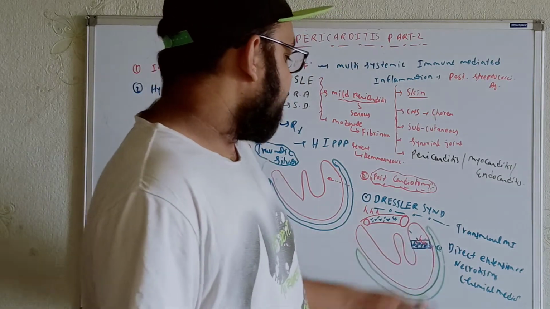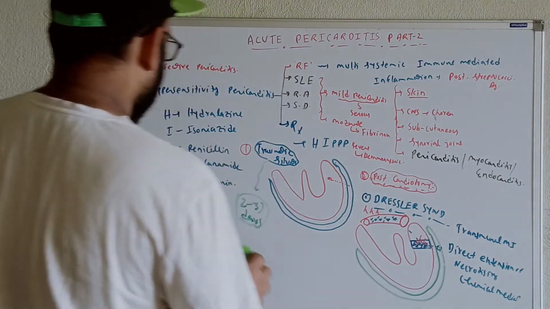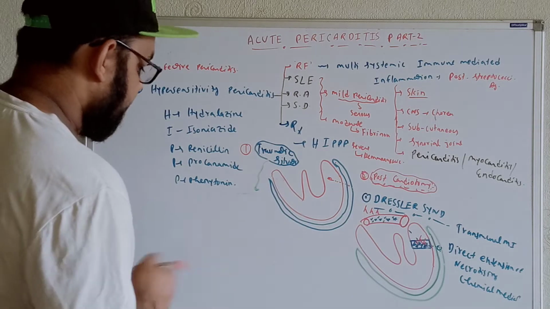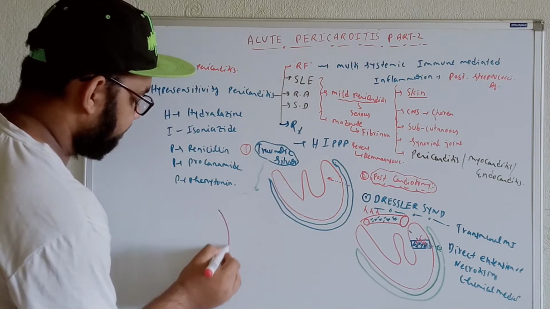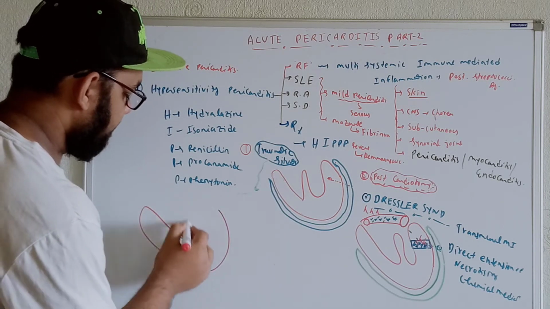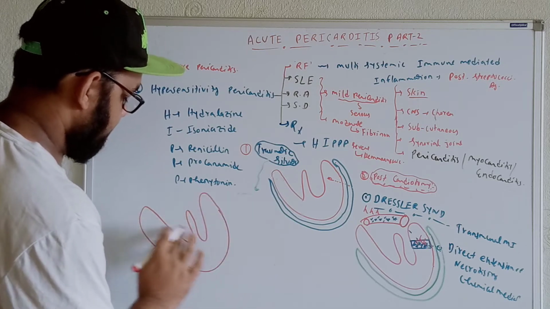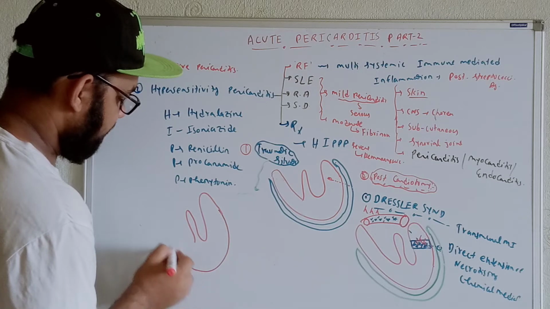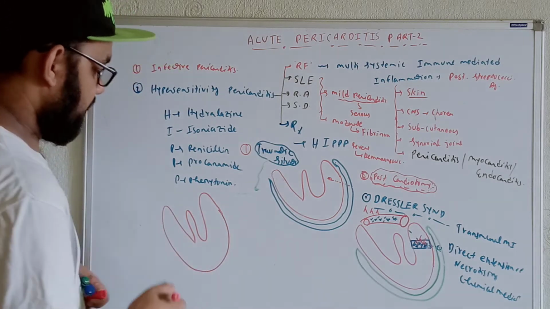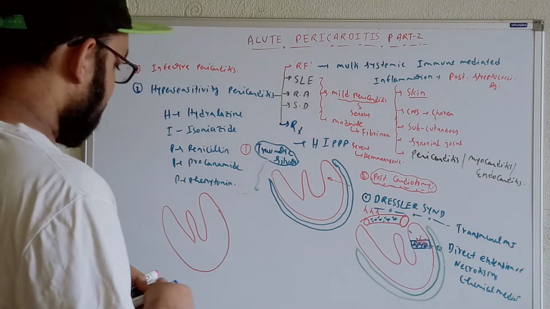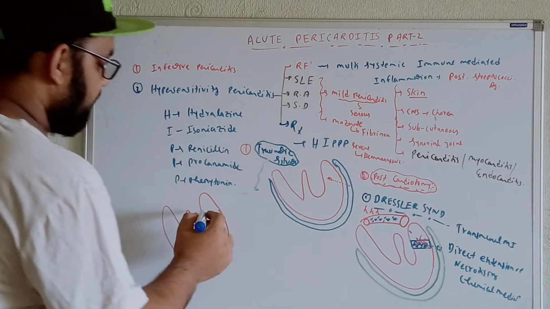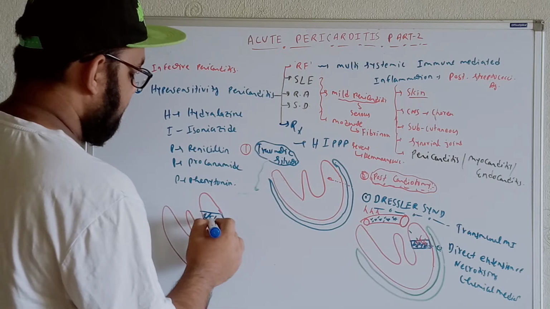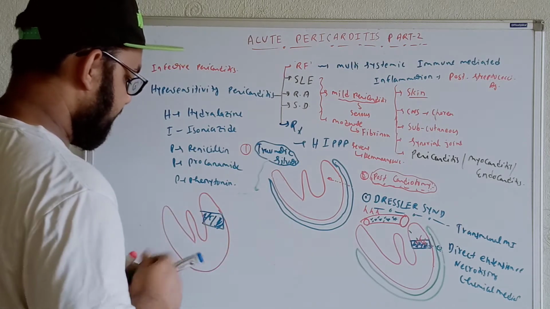So if we see, okay, let's draw it over. I think it will be better for you guys. Let's draw it in a better way. Now try to understand. We are getting the development of myocardial infarctions over here, and these are the myocardial infarction regions. This is the pericardium.